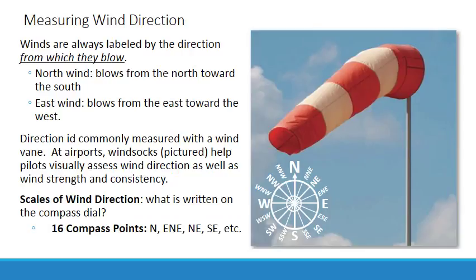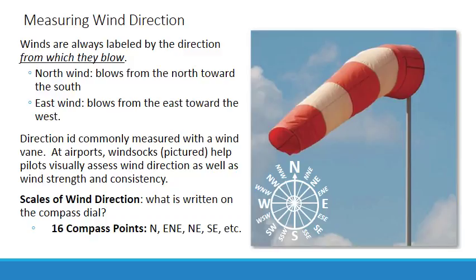Winds are always labeled by the direction from which they blow. A north wind blows from the north towards the south, and an east wind blows from the east towards the west. One instrument commonly used to determine wind direction is the wind vane. You often see one of these on top of buildings, and sometimes the wind direction is shown on a dial connected to the wind vane.